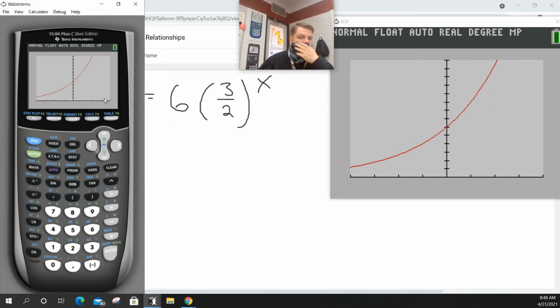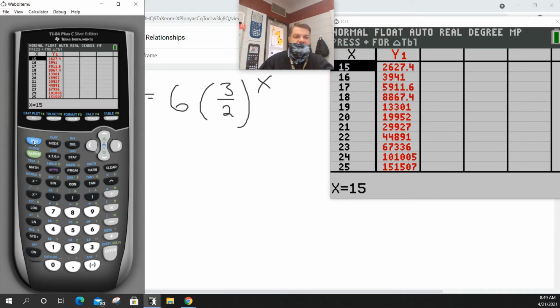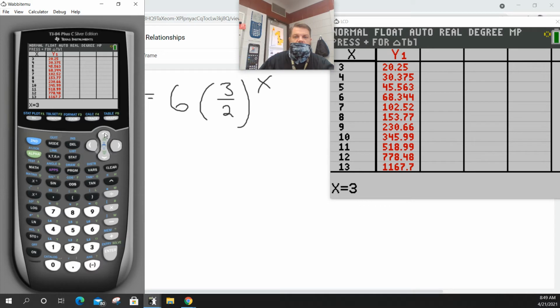Now, what I want to do is look at the table of values. So if I look at the table of values, I hit second graph. See this little word up here above the graph where it says table? And I'm going to scroll down to, whoops, I want to go up to 0. Or actually, I'm going to do -1. Now, if you're really far away from -1, I'm sorry.